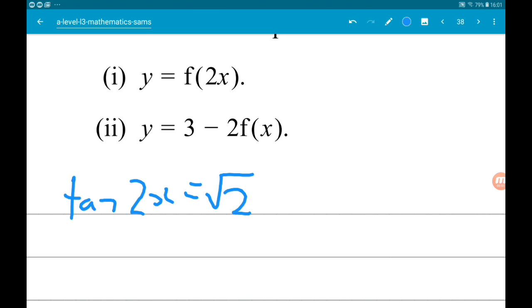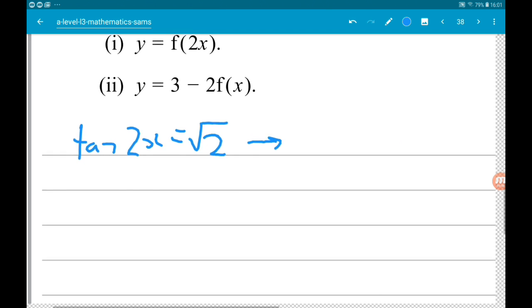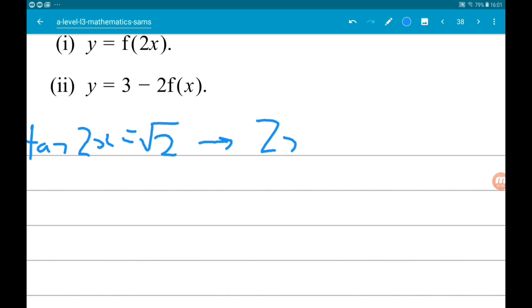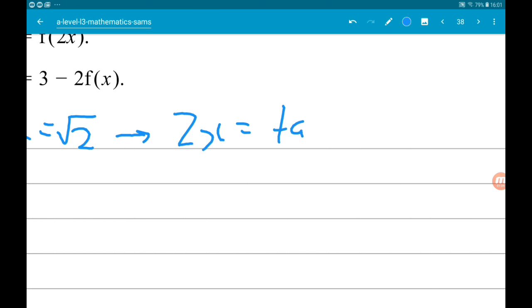Now from that, we know then that 2x is equal to the inverse tan of root 2. Now, if we inverse tan root 2, we get, first of all, 2x is equal to 0.955.